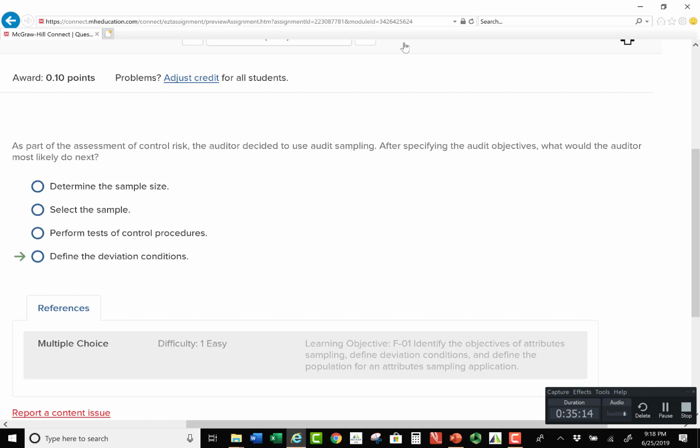Then you do what? Then you would determine the sample size, okay? Then you would select the sample and then you would perform the procedures, okay?